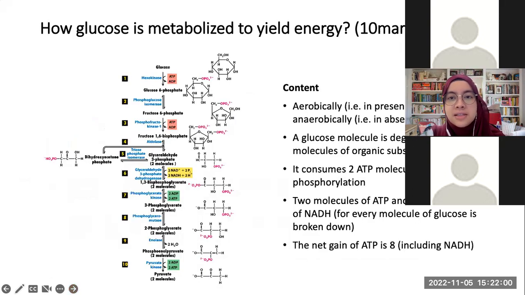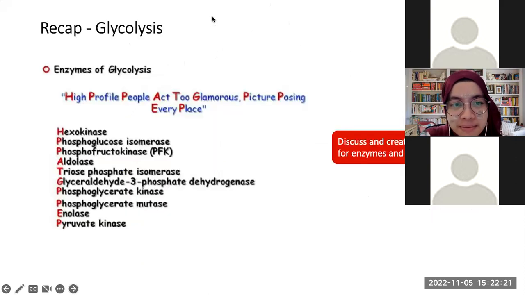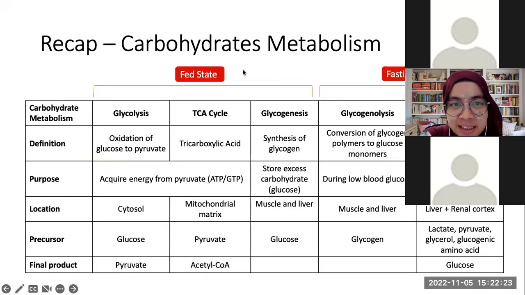So this is one of the toughest reactions in this subject: carbohydrate metabolism, particularly glycolysis. The question is asking how glucose is metabolized to yield energy. If you go back to carbohydrate metabolism, we have several metabolic reactions: glycolysis, glycogenesis, glycogenolysis.